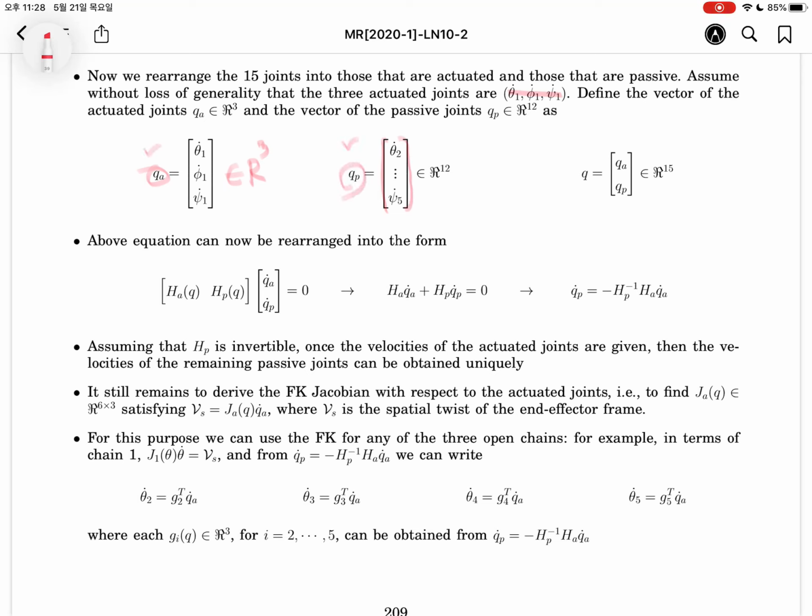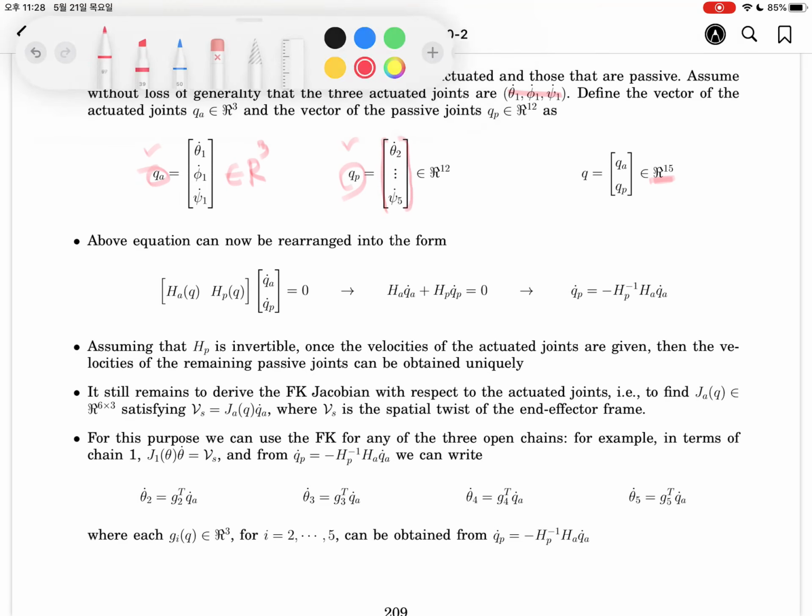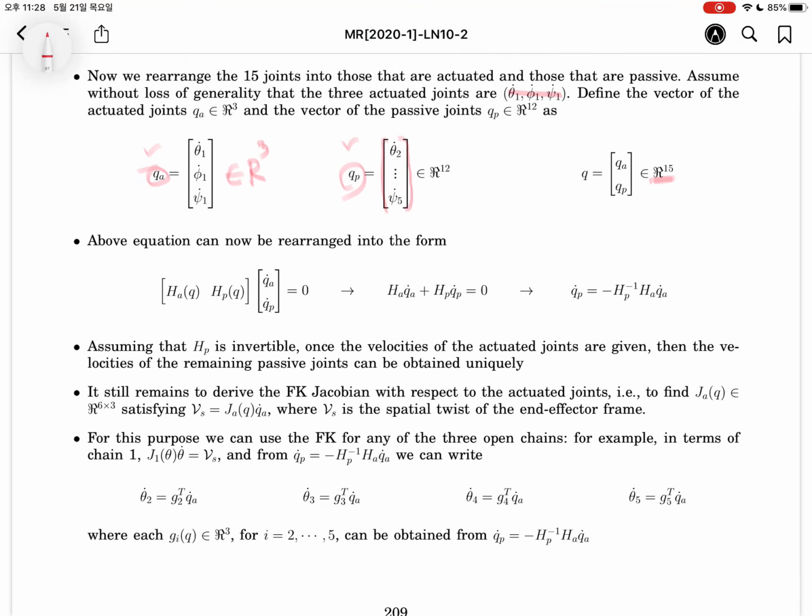By collecting active and passive, this will be the 15-dimensional vector. In the previous slide, J1 minus J2 and 0 matrix, 0 minus J2, J3 matrix, and theta 1 dot through theta 5 dot, phi 1 dot through phi 5 dot, psi 1 dot through psi 5 dot.